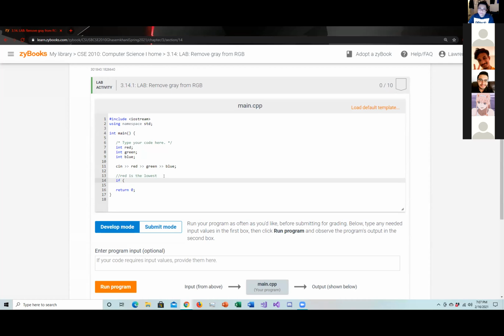We check if it's the lowest of three by having two comparisons. Yeah. So probably best by putting red less than green, and then the double ampersands, red less than blue. Good job.